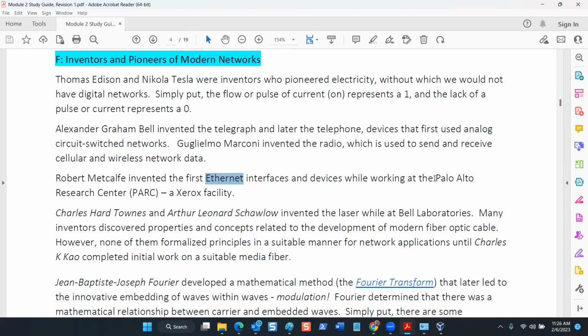And he was working at the Palo Alto Research Center, which is pretty amazing because it was a Xerox facility, and what they wanted to do was to connect computer systems and terminals through a network so that people could print to the Xerox.